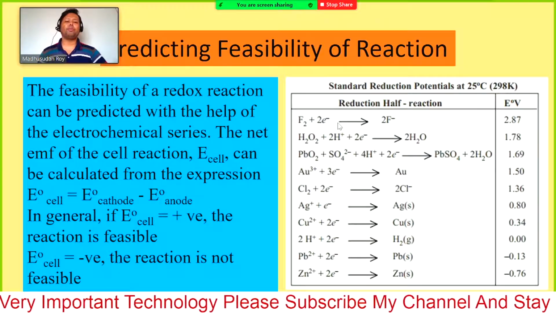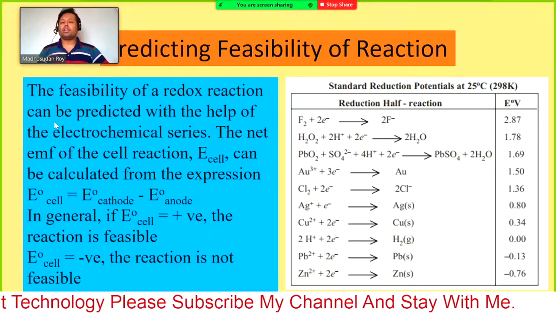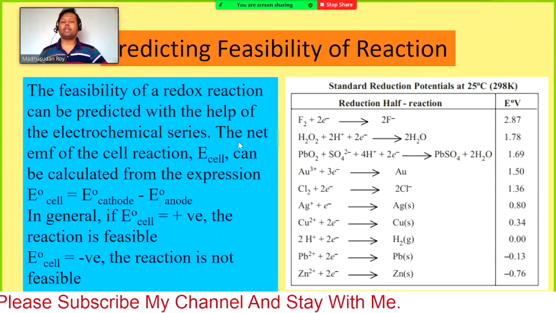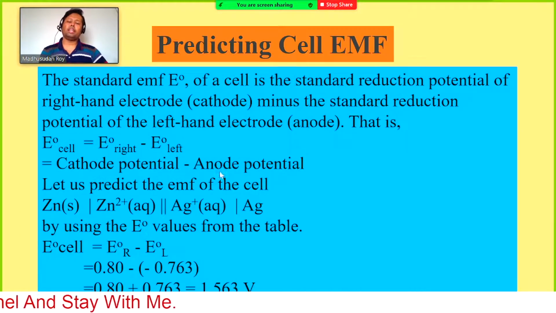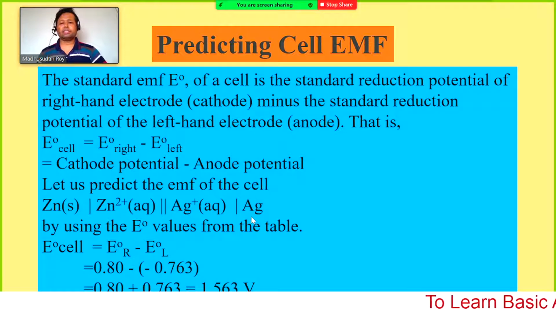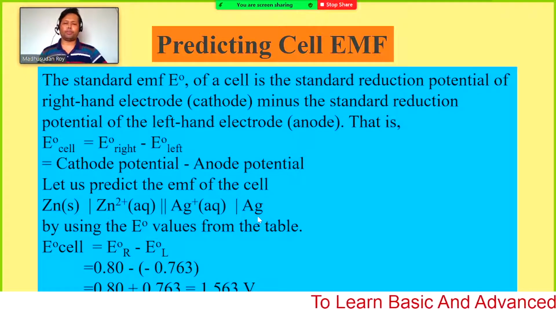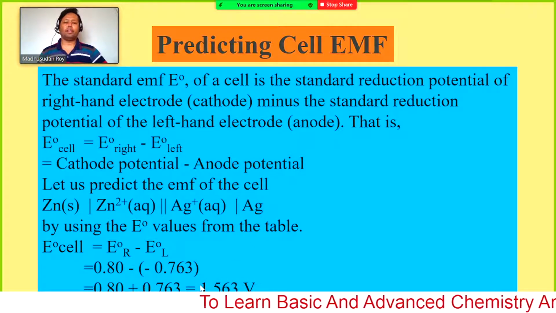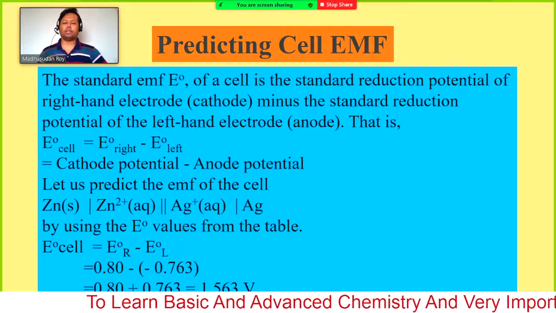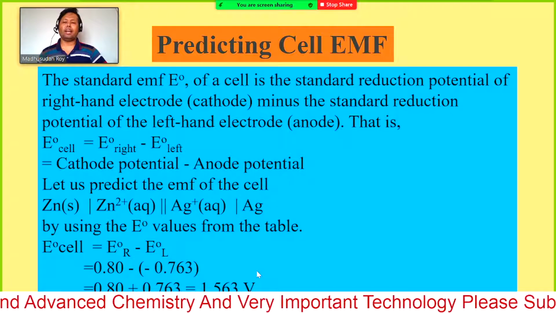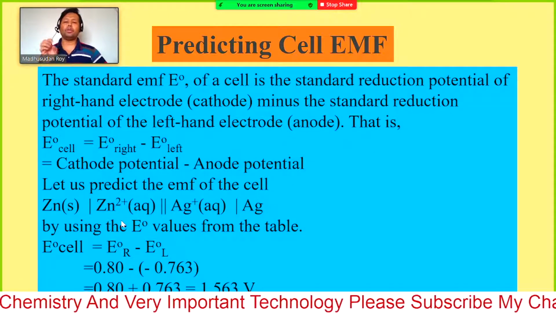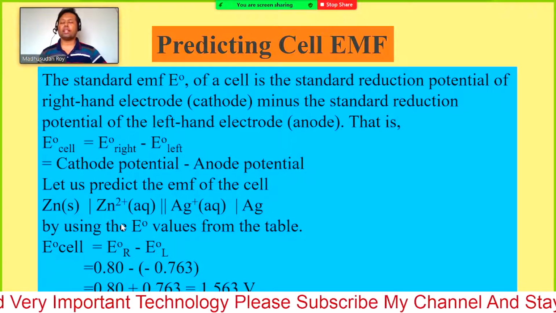This is our electrochemical series. So it can be predicted with the help of the electrochemical series, the net EMF of the cell reaction. If you generate a cell out of two different electrodes, and the cell EMF value is positive, that means greater than 0, then the reaction will happen, or the cell will work to produce some energy.